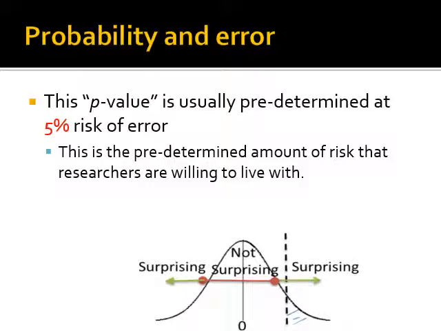So rather than say, well, we can live with, say, 32% risk, which is 1 standard deviation above and below, most researchers will say about 5% risk is okay if there's a possibility that my results aren't going to be accurate, or if I'm going to find something that doesn't really exist, or throw out something that really does exist, I want to have about 5% likelihood that that's going to happen, rather than 32%, which would be much too high, or 0.1%, which would be much too low, and we'll understand why that is in just a moment.